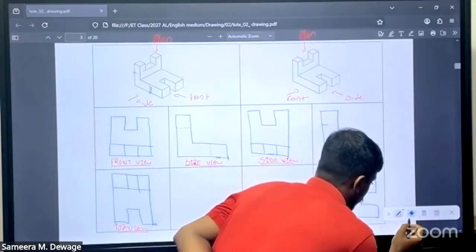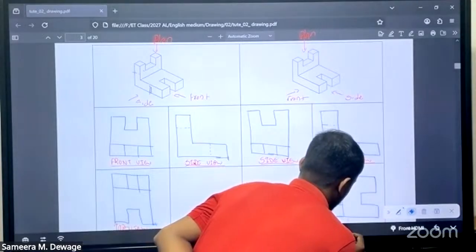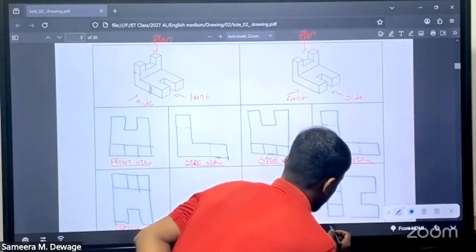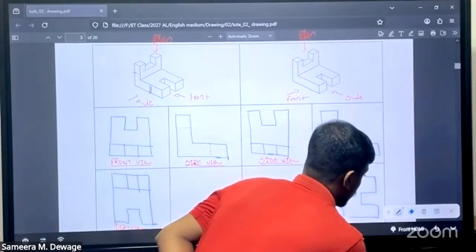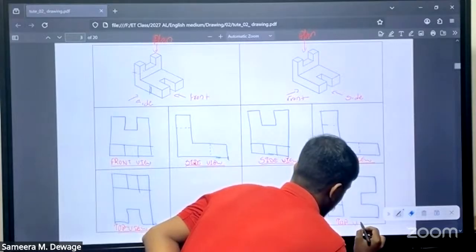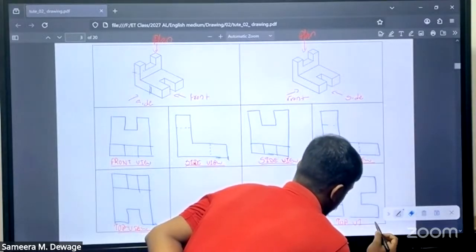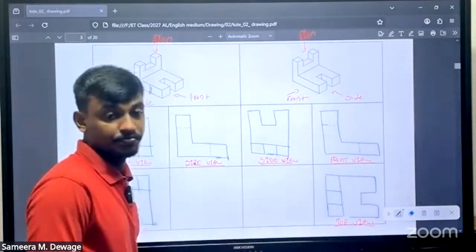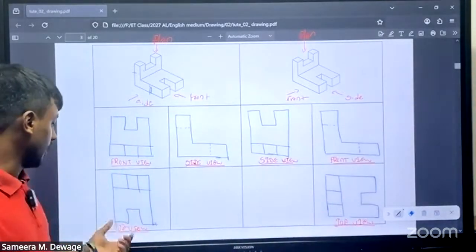Sorry, the top view. Okay. So here the top view.